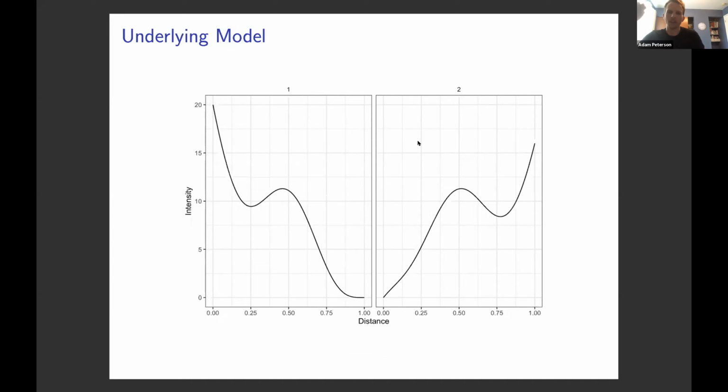Moving a little bit further along this hypothetical track, what we would think might be a generative model, or the underlying pattern describing those cumulative distribution functions I showed you earlier, were functions like these. So these are intensity functions. For those of you who are familiar with inhomogeneous Poisson processes, that's exactly what these are.